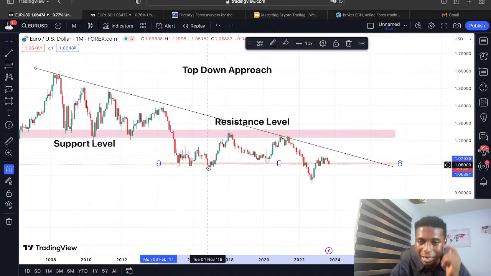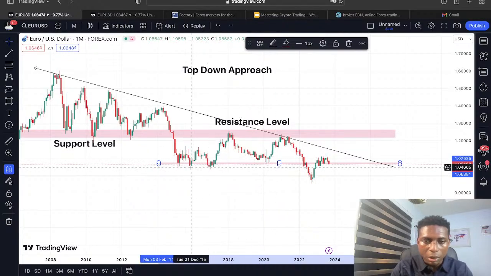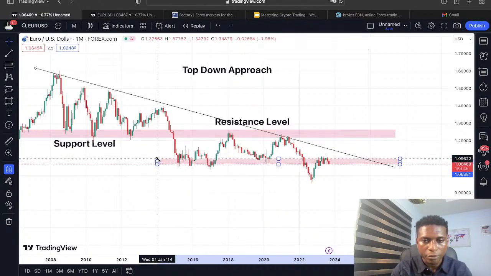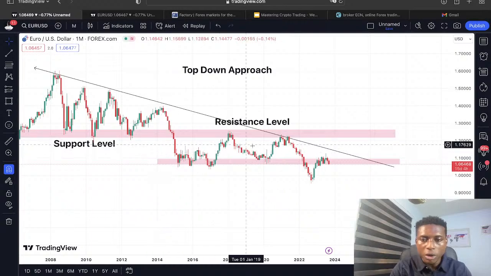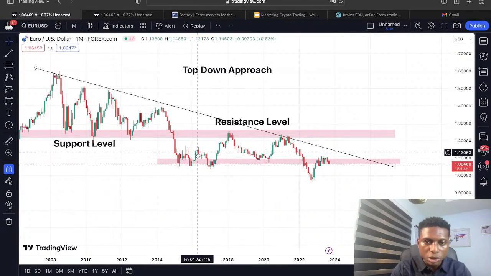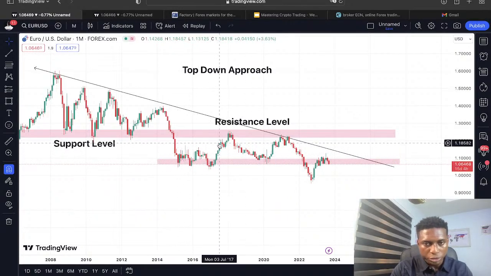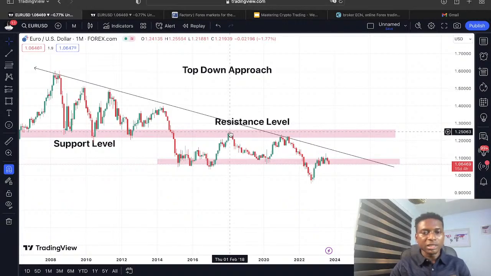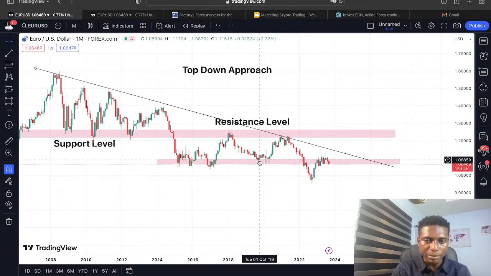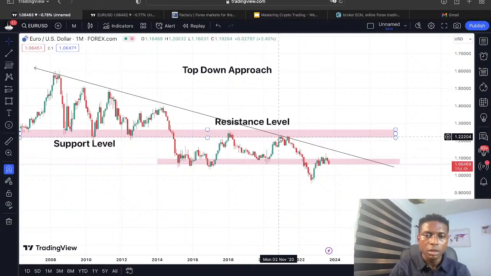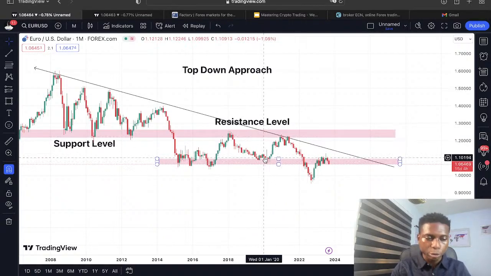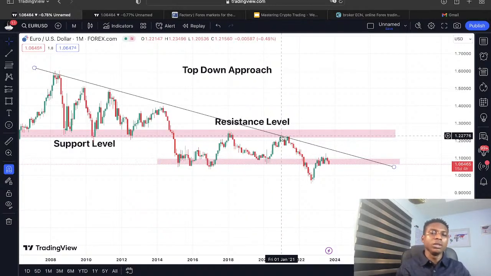All right, that's on the higher time frame. So currently now, we can see price came into the support zone, was rejected, went back up, the resistance zone resisted it, and price came down again. The support zone held strong, while we can see price moved back to the previous resistance zone.